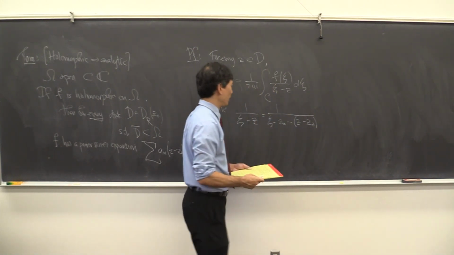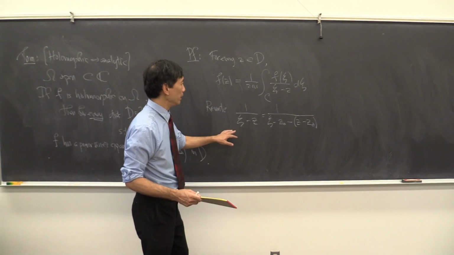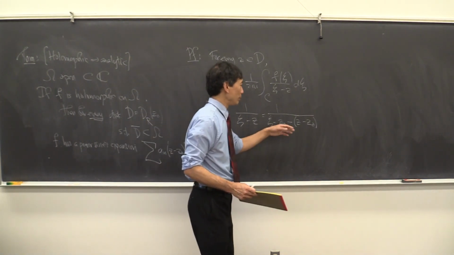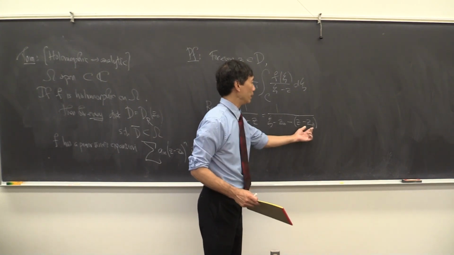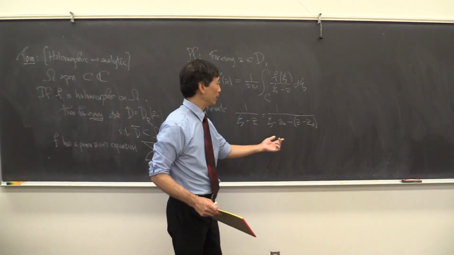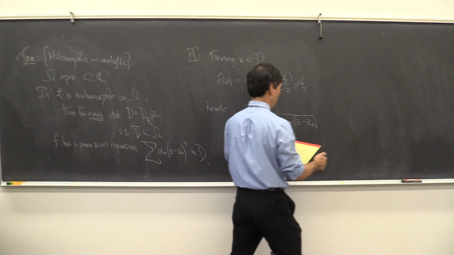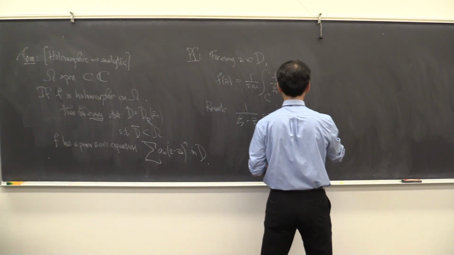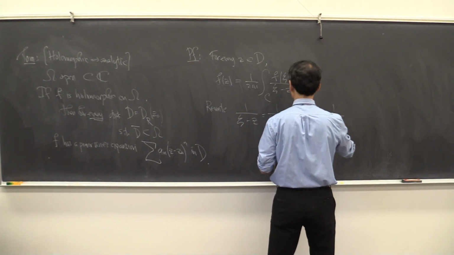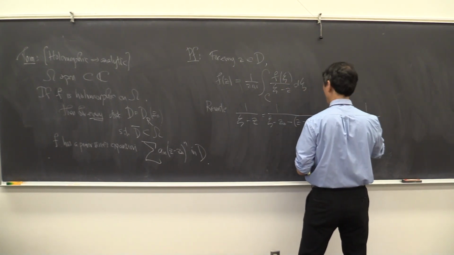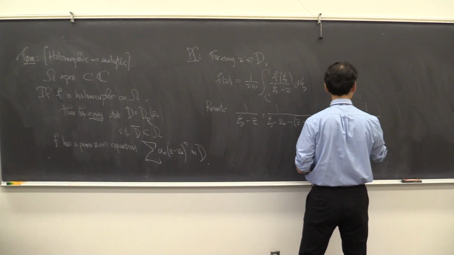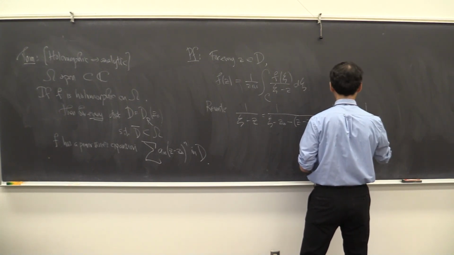So we work with zeta minus z naught, with a cleverly chosen 0. We've subtracted a z naught and added on a z naught. Then we factor out the zeta minus z naught, and we get 1 over 1 minus (z minus z naught) over (zeta minus z naught).